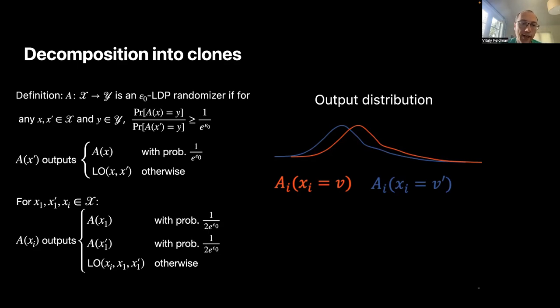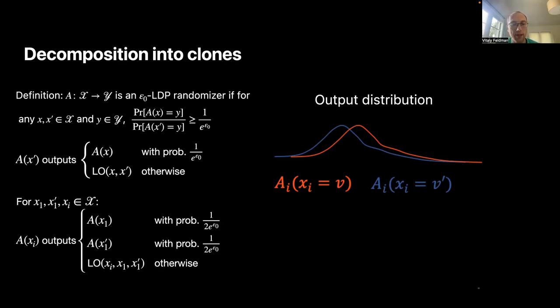So any element in the crowd can pretend, with probability 1 over e to the epsilon 0, and with probability half behave like the element from the first data set, and with probability the other half like the first element from the other data set. So every element from the crowd will generate a clone of either the first or the second element randomly. The total number of clones is roughly n over e to the epsilon 0.